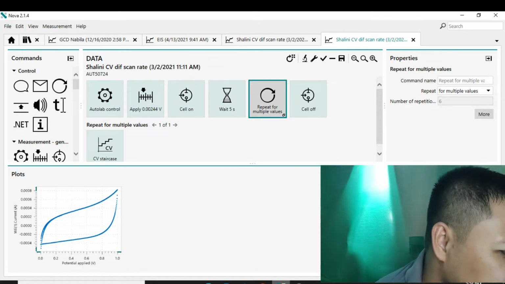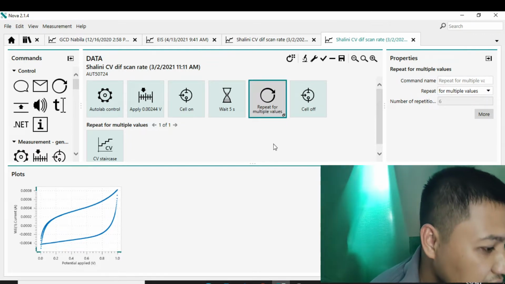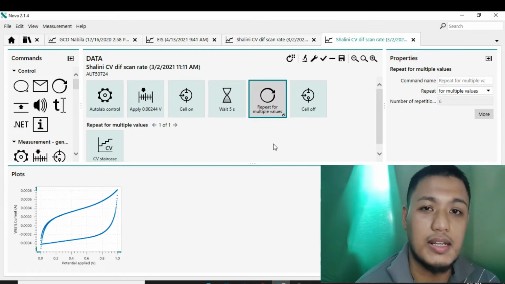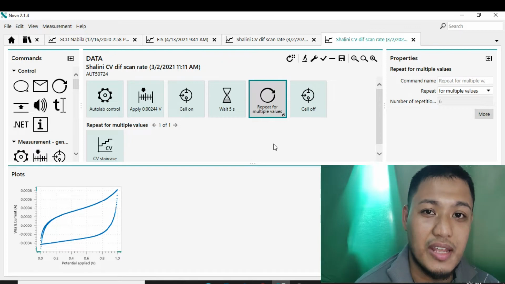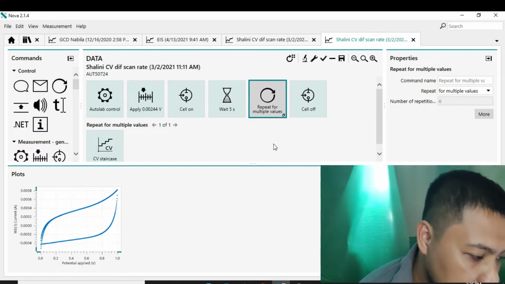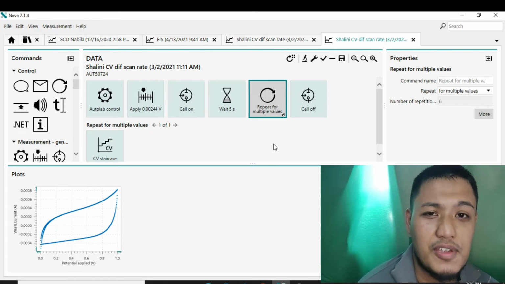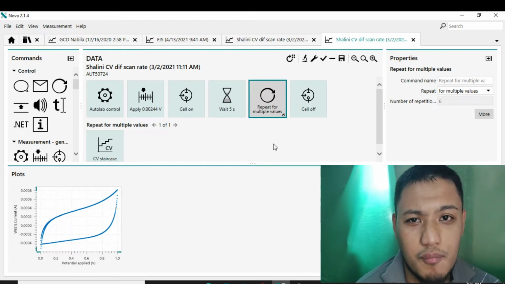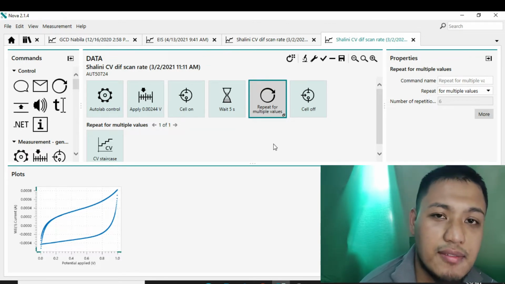Basically in the 3 electrode system there is cyclic voltammetry. You must run cyclic voltammetry first to know the potential window, meaning at what potential window your material can form the CV curve. If your material is a positive electrode, you can run from 0 to positive 1 or positive 2 to see the CV curve.